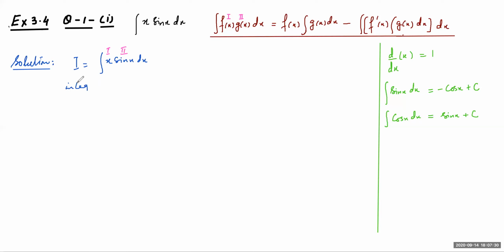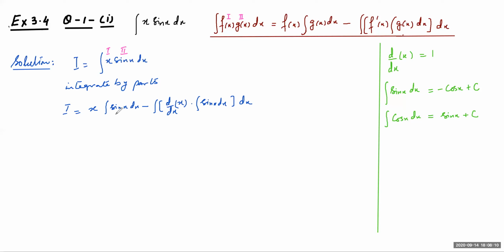Integrate by parts, and we get integral I is equal to first function constant, integral of second, minus integral derivative of first function, that is d by dx of x, into the same integral, integral sin x dx, and we close the bracket and we have a dx here.